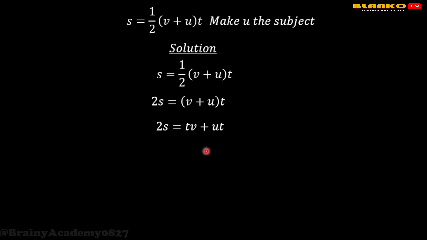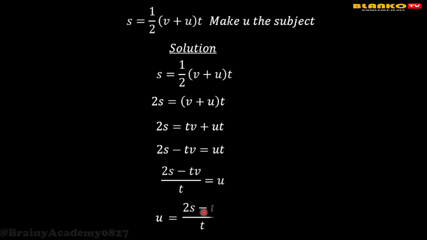Let's subtract tv from both sides, and this is going to be 2s minus tv equals ut. To make u the subject, let's now divide both sides by t. This gives 2s minus tv over t equals u. So u is equal to 2s minus tv over t.